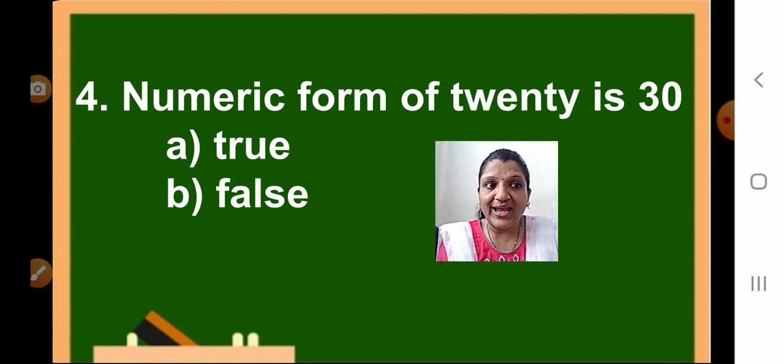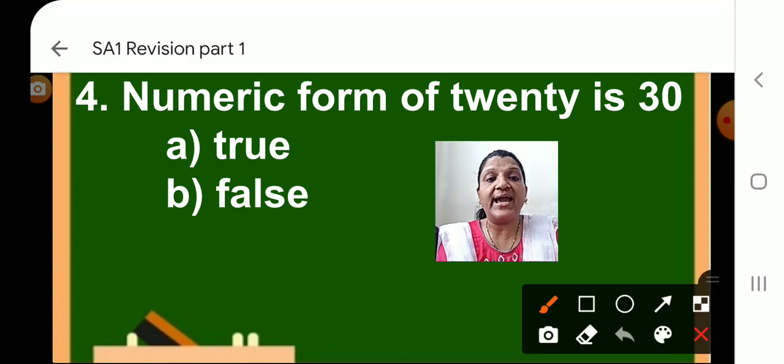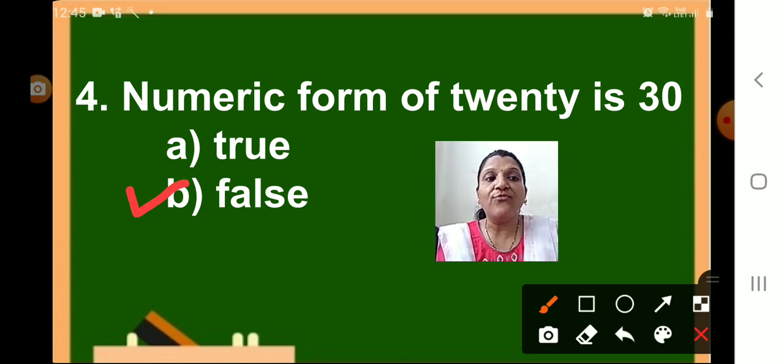It's 30 and not 20. 20 is 20. But the given in the question is 30. So this is not correct. So which option we will select? False. Correct. So here we have to select B, false. Understood, children? Yes. Now let us move to the next question.